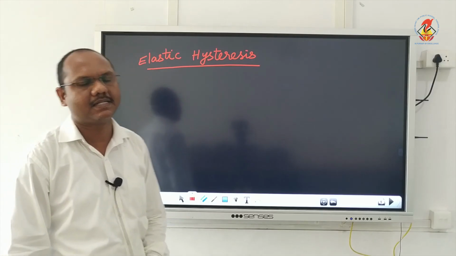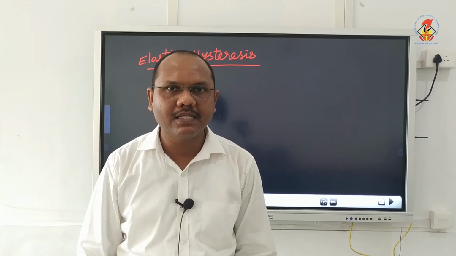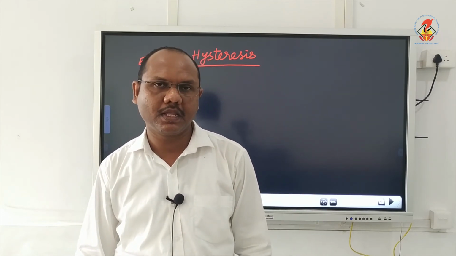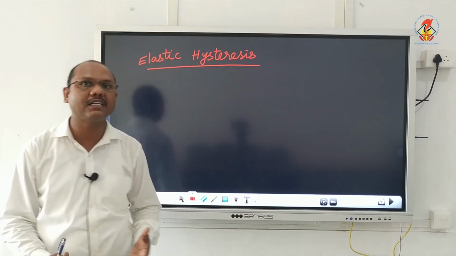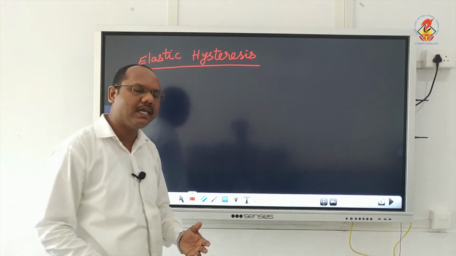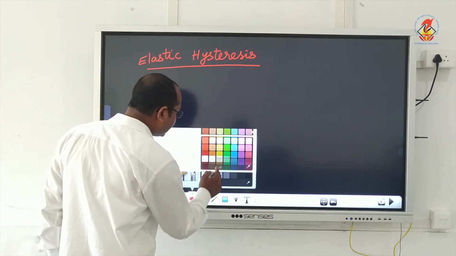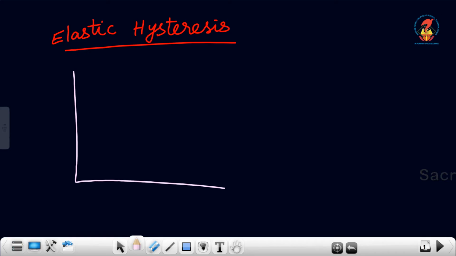Elastic hysteresis is something related to the stress strain curve of a rubber, or the stress strain curve of any elastomer. So let us see, I am taking the case of the rubber itself, which we discussed just now. Let me draw once again the stress strain graph for rubber.